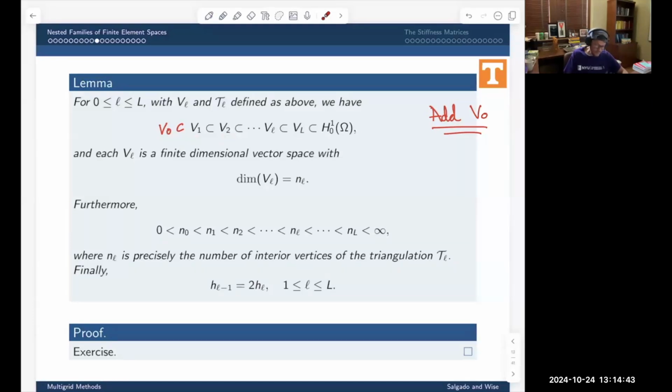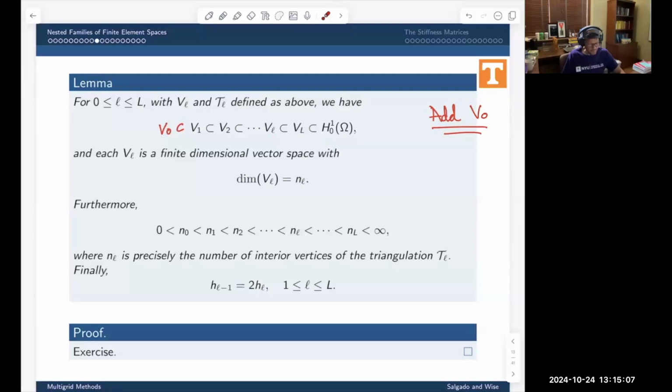All of them are subspaces of this infinite dimensional Hilbert space called H01, which I defined earlier. It's a space of weakly differentiable L2 functions that have a zero boundary trace. This is a Hilbert space and it's infinite dimensional, whereas each one of these is finite dimensional.